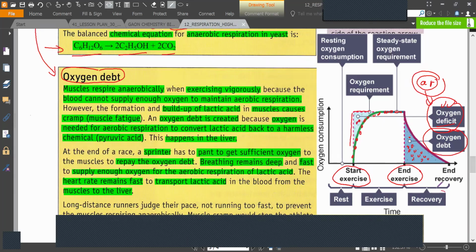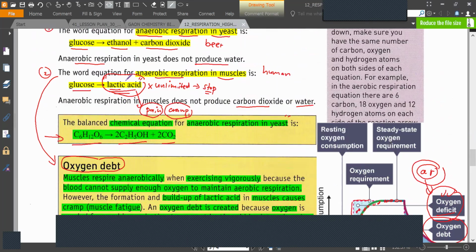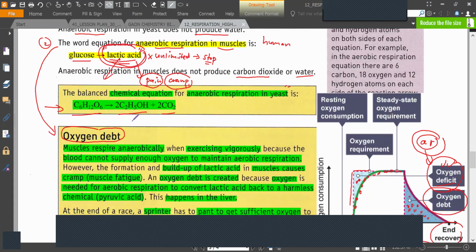This is the recovery process. After we end the exercise, we still need to breathe faster for some time to recover. What is the recovery process? To convert the lactic acid back to glucose, or other molecules. That is the idea of repaying the oxygen debt.